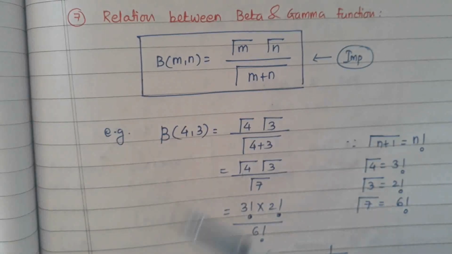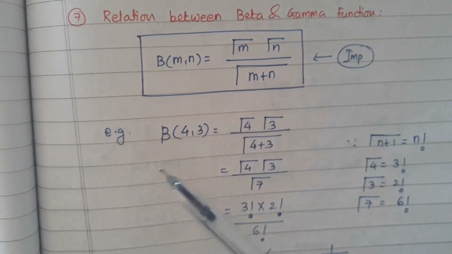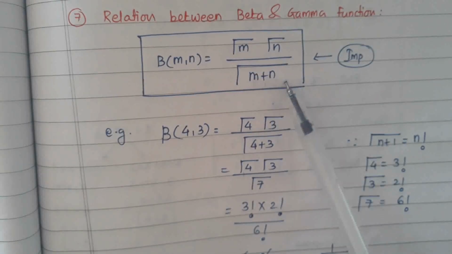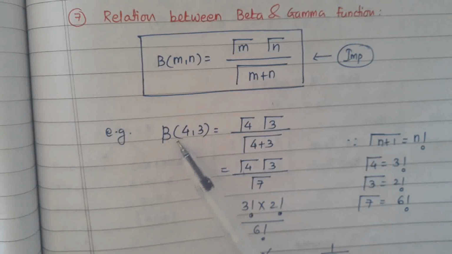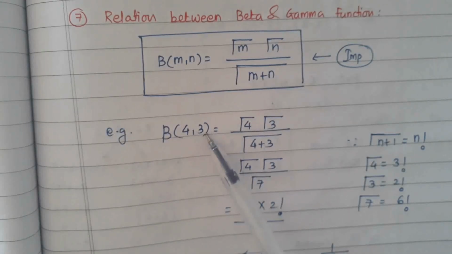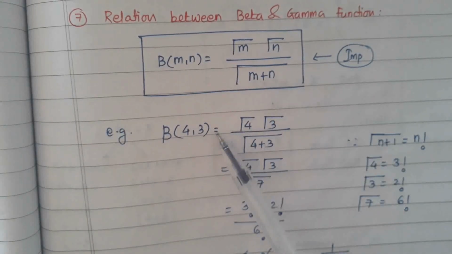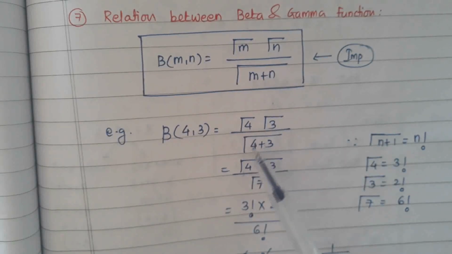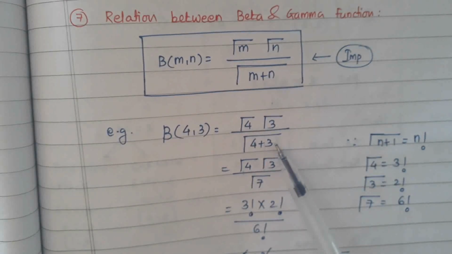Important property: relation between beta and gamma function. Beta(m, n) can be written as gamma m, gamma n upon gamma(m plus n). For example, to evaluate beta(4, 3), m is equal to 4, n is equal to 3, it is equal to gamma 4, gamma 3 upon gamma(4 plus 3).